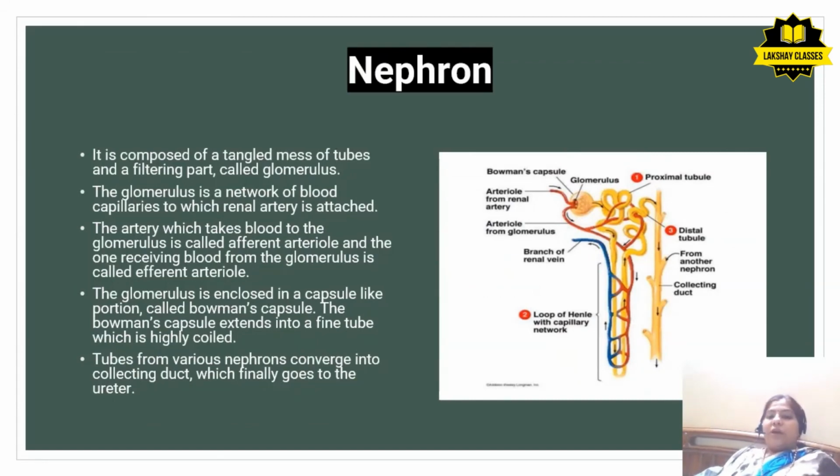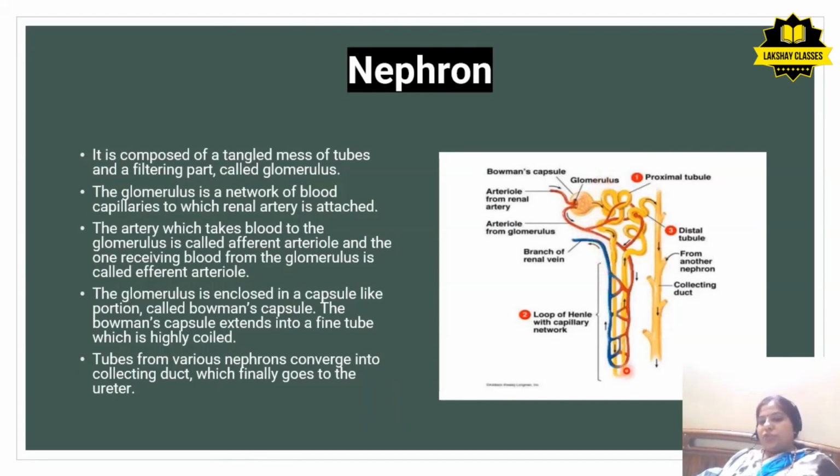Now, the functional unit of the excretory system is called the nephron. You can see this diagram of the nephron. The nephron basically has three parts. One is this cup-like structure which is called Bowman's capsule. It has a network of vessels, and this forms the glomerulus.